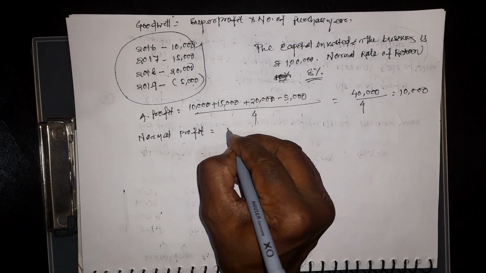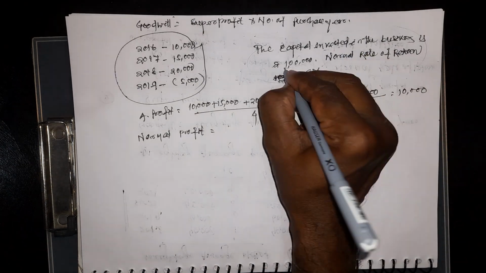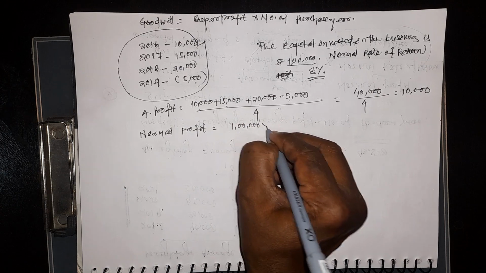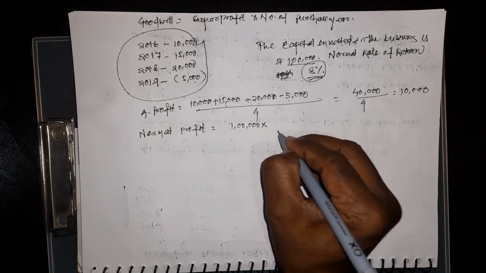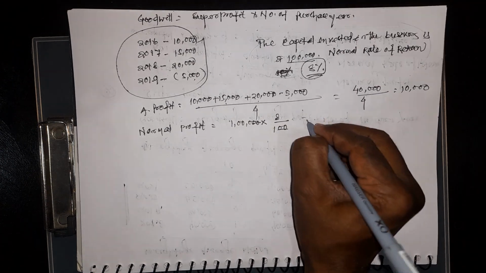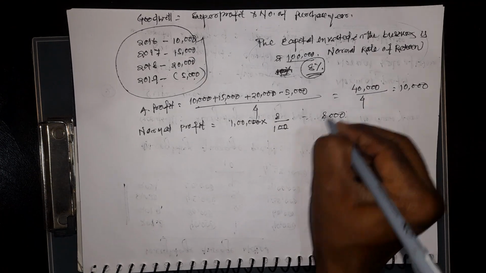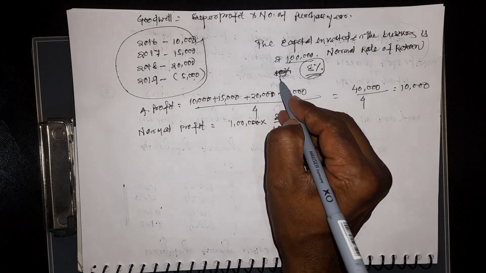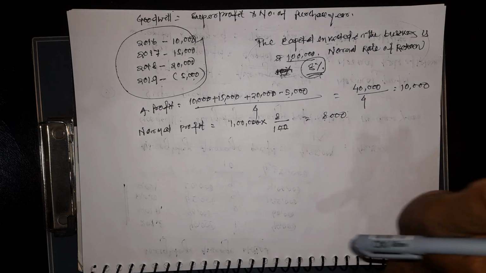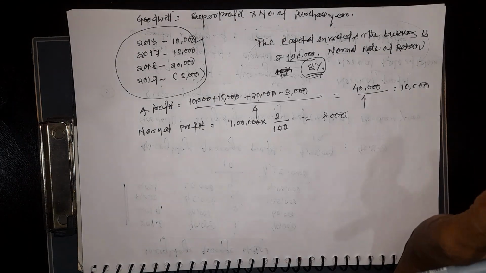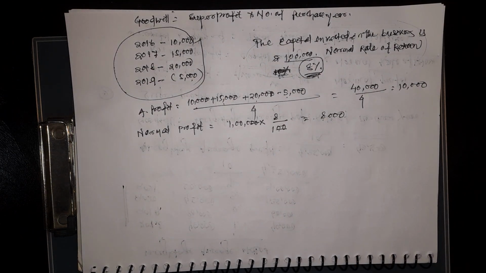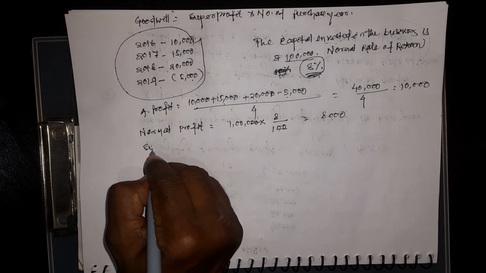Normal profit equals capital employed, which is given as 1 lakh, into the normal rate of return, 8 by 100. So it will be 8,000. Clear? Why change it from 10% to 8%? Because if I had taken 10%, both values would be the same, and I would not get the super profit.